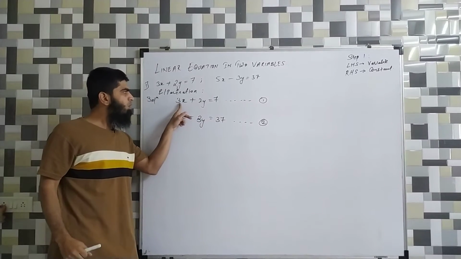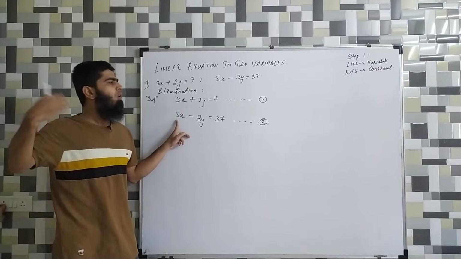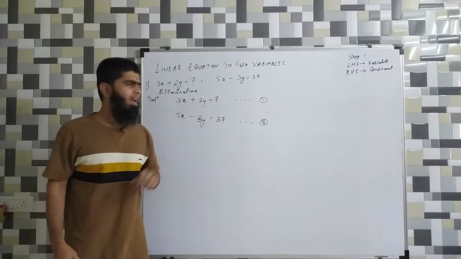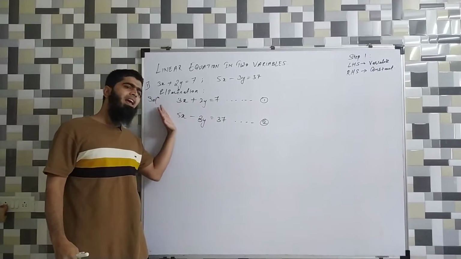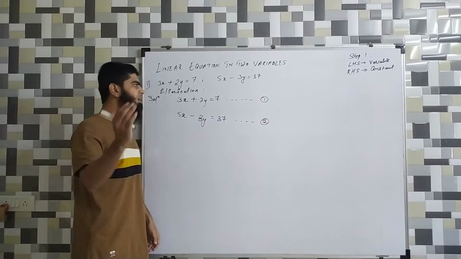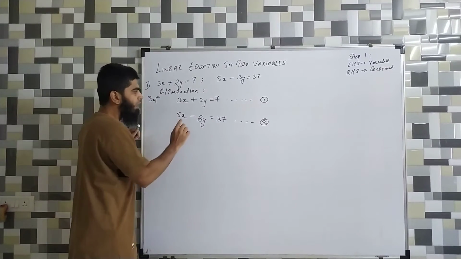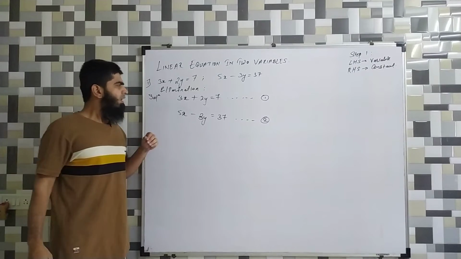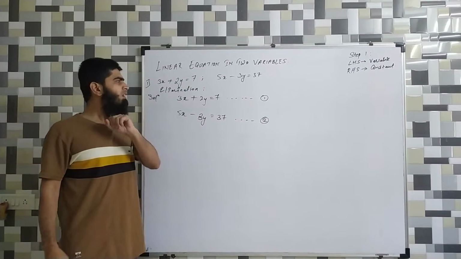Either one, not both. Either the coefficient of x or the coefficient of y should be equal. How to do that? Pay attention on the board. Before starting with that, I will give you one small hint.